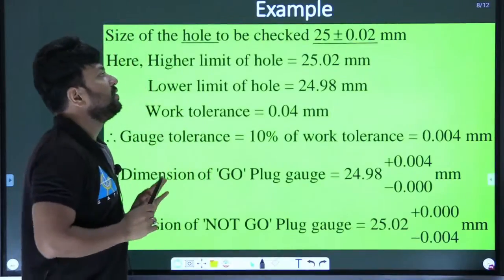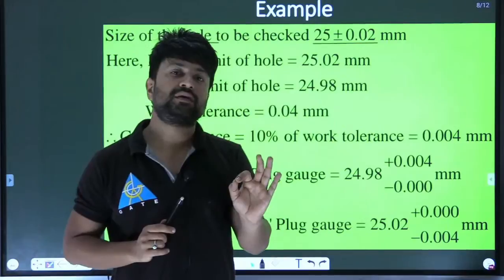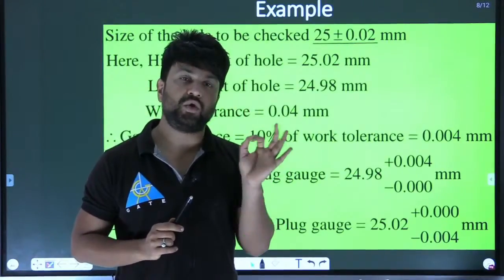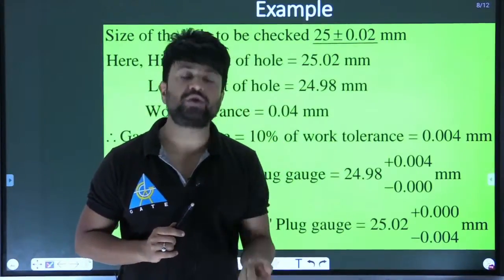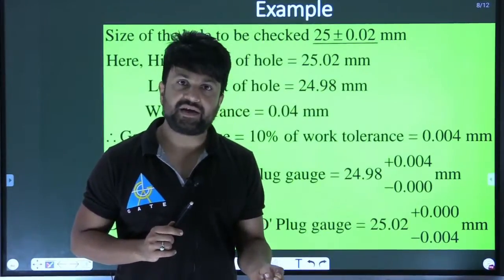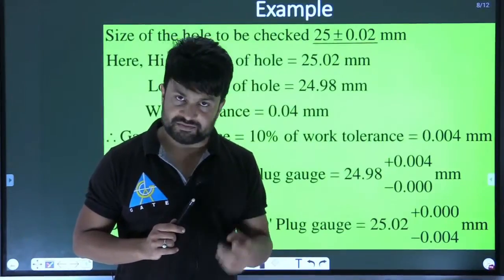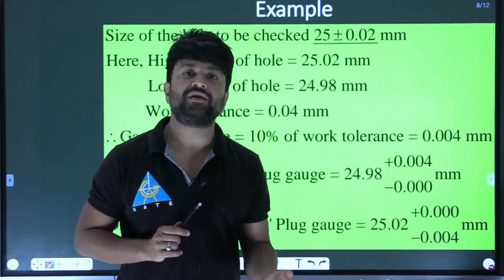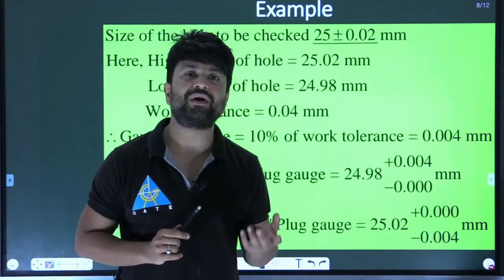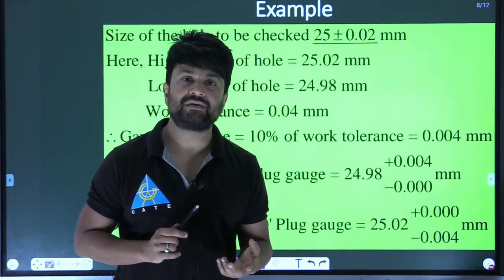Now what to do? The first step: you have to write the upper limit and lower limit of the product, because according to the upper or lower limit, the material will be decided, where the material is maximum and where the material is minimum. According to that you will decide the go end or the not go end of the plug gauge, right?